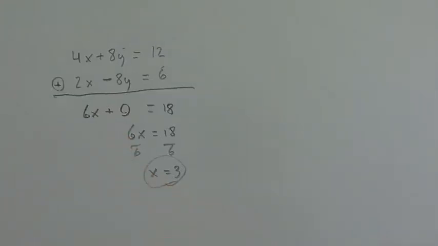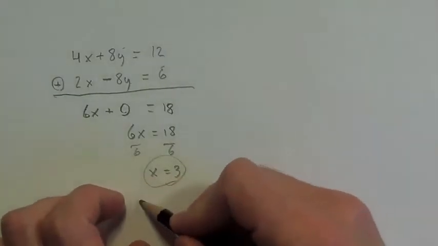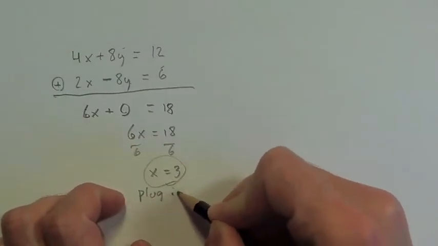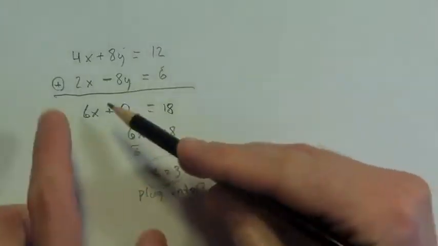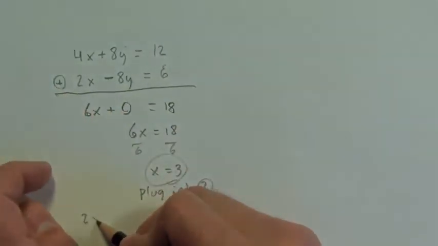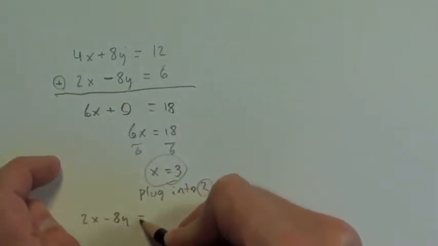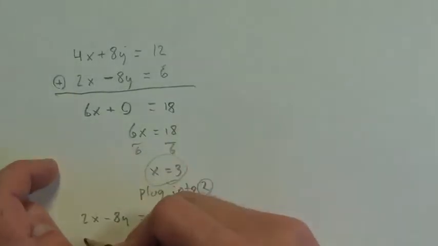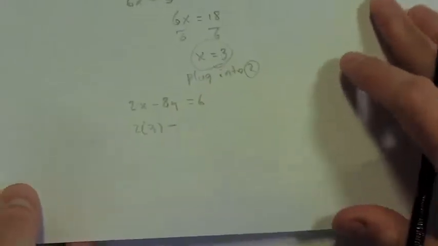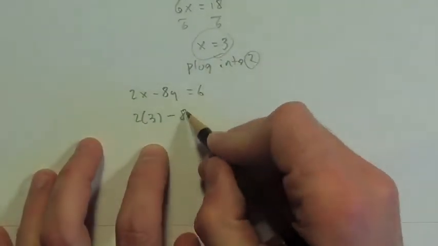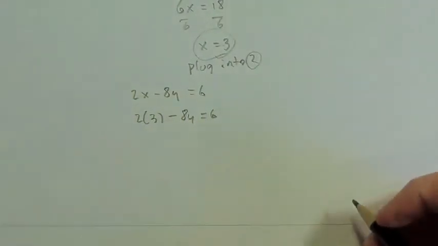Let me show what happens if I just plug in. If I wanted to do half addition, half substitution, which is totally legit, it's totally legal to do that. Let's plug this into equation 2. Equation 2 is 2x minus 8y is equal to 6. I'd plug 3 in, and I'd get 2 times 3 minus 8y is equal to 6.